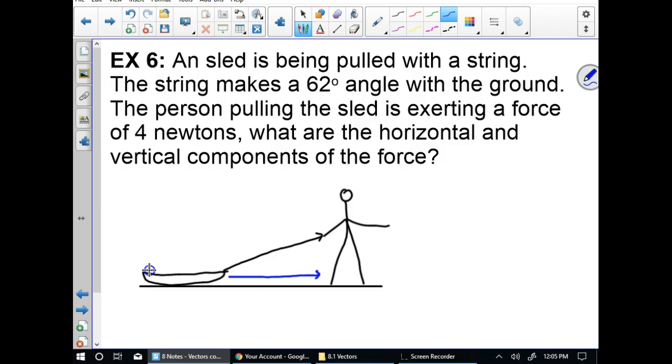But this particular person is pulling their sled at an angle of 62 degrees with the ground, and they are exerting a force of 4 newtons on the string. So that vector right there, that 4 newtons, is the force on the string.